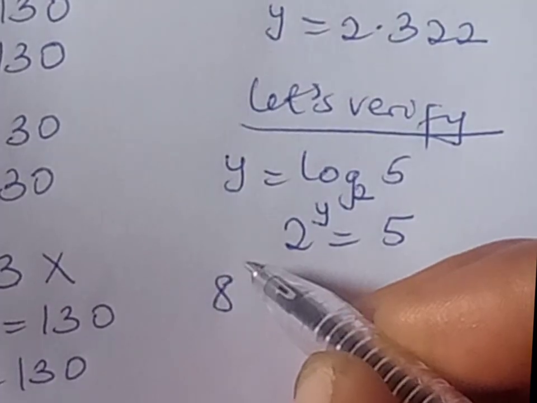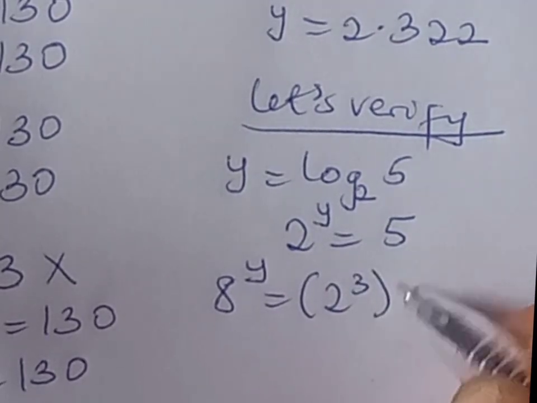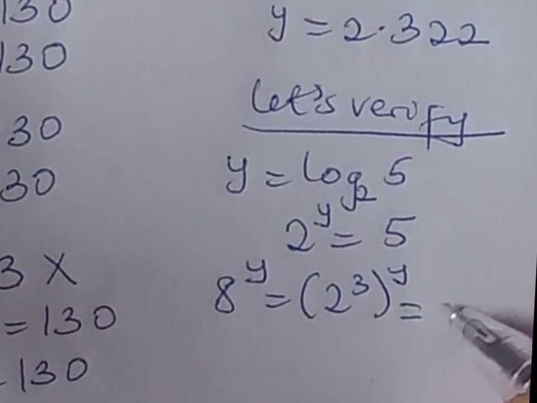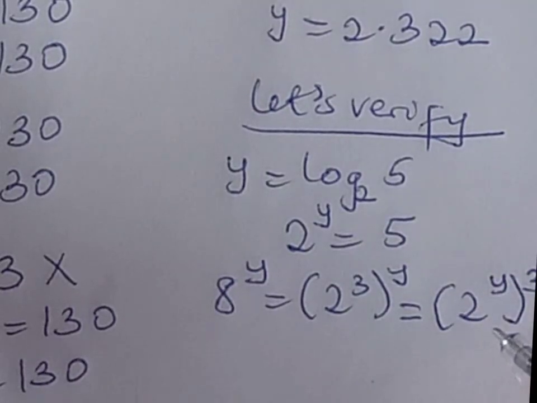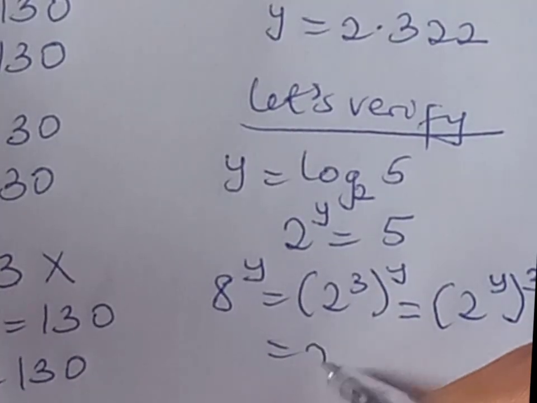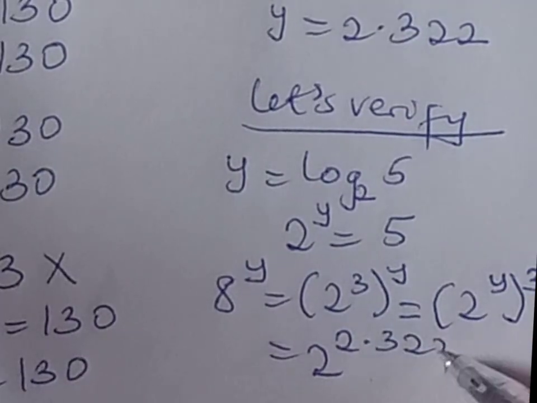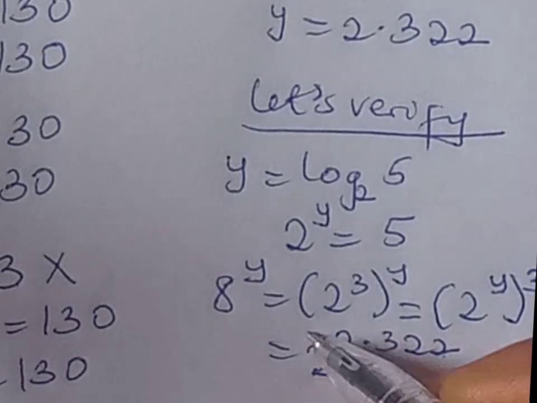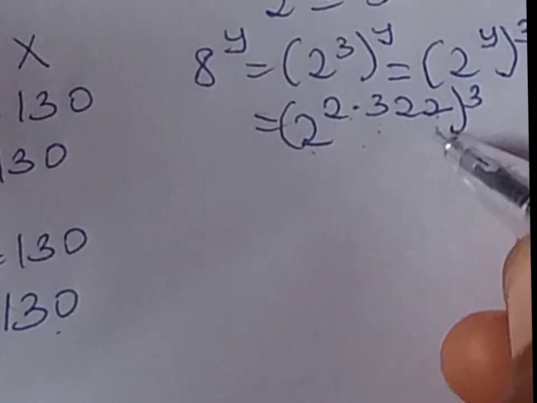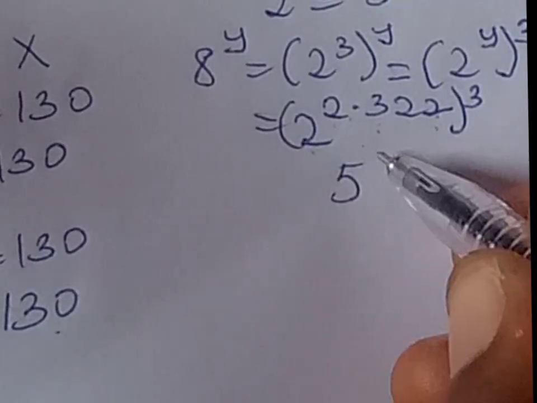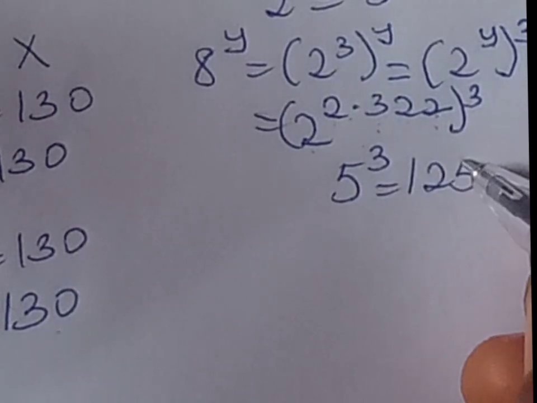Also, 8 raised to the power of y equals (2 cubed) to the power of y, which gives us (2 to the power of y) cubed, which is 5 cubed, giving us 125.